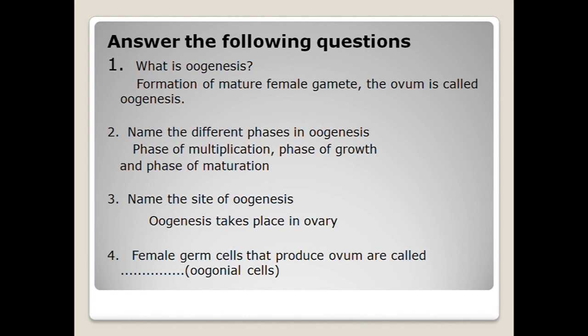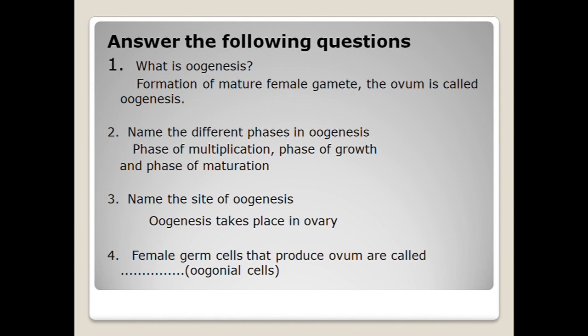Now we can see certain questions and their answers here. What is oogenesis? Formation of mature female gamete, the ovum, is called oogenesis. Second, name the different phases in oogenesis: phase of multiplication, phase of growth, and phase of maturation. Name the site of oogenesis. Oogenesis takes place in ovary.